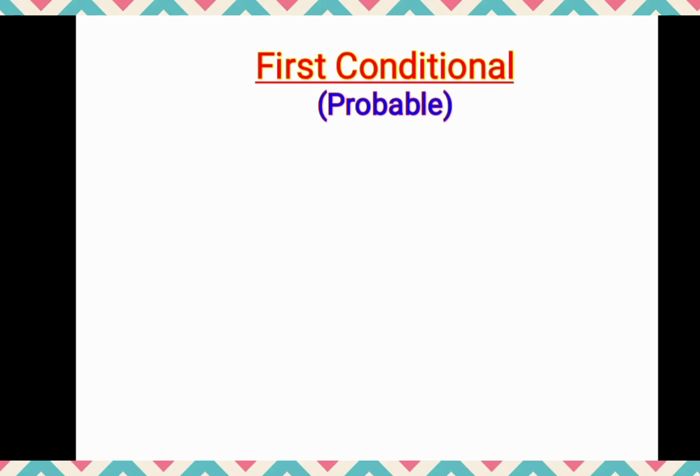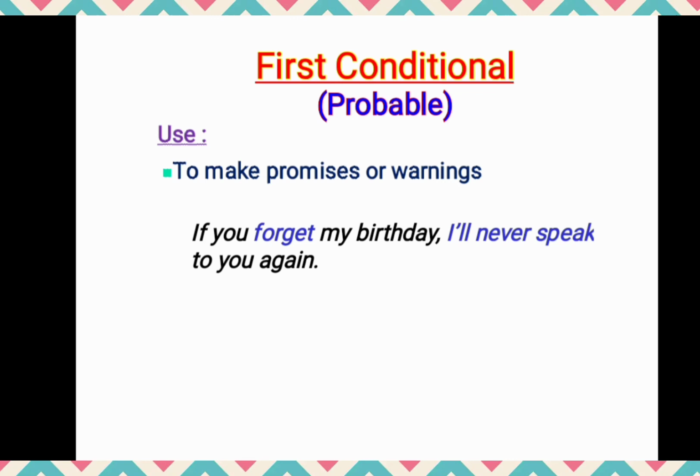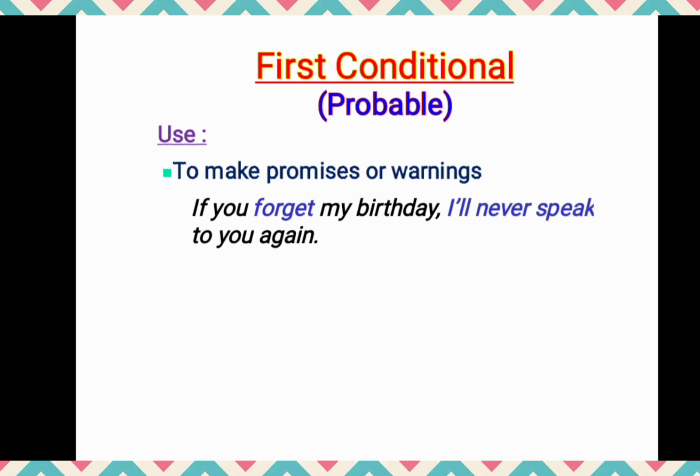First conditional, probable, and its use. To make promises or warnings, we use the first conditional. Here is a sentence: if you forget my birthday, I will never speak to you again.